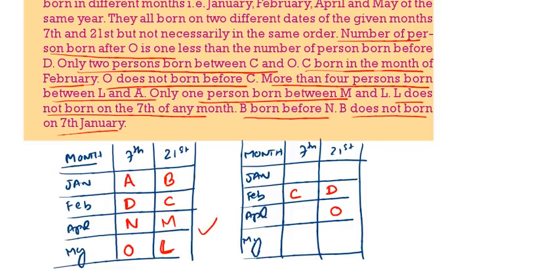More than 4 persons are there between L and A. Same thing: L, now 1, 2, 3, 4, 5, so here we may get A. Then only one person is there between L and M, but here between L and M one gap, already O is there, so we can't write M. The second one is wrong, so this one is correct.